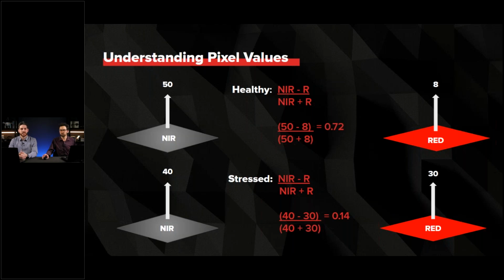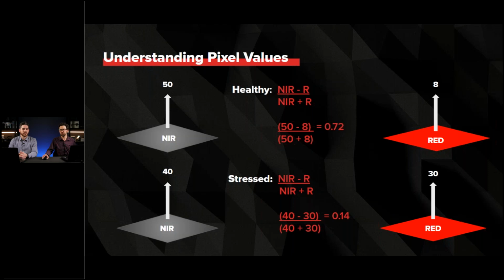Okay. And we perform this calculation for every pixel across 2 images, and we render a brand new raster. So we had originally a red one, and we had a near infrared, and then when we're finished with this band math or raster math, we are left with a brand new layer in our GIS.